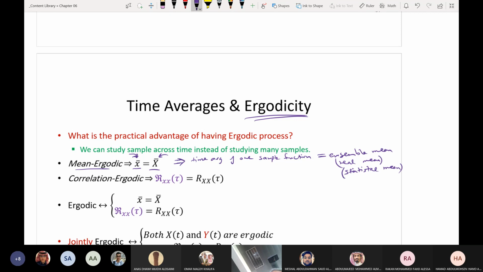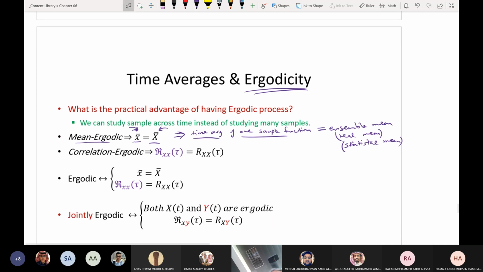So in an ergodic random process, calculating the time average of one sample function is enough for you to get the ensemble average of your random process. هذا يسموه ergodic in the mean or mean ergodic.